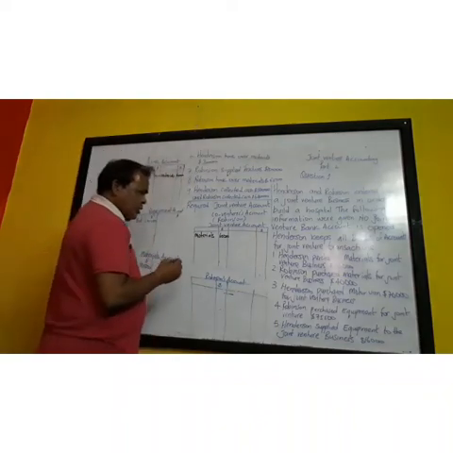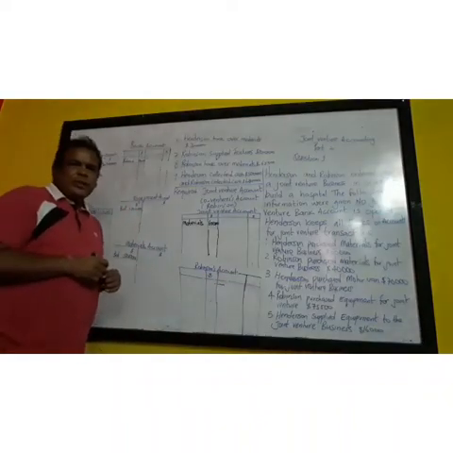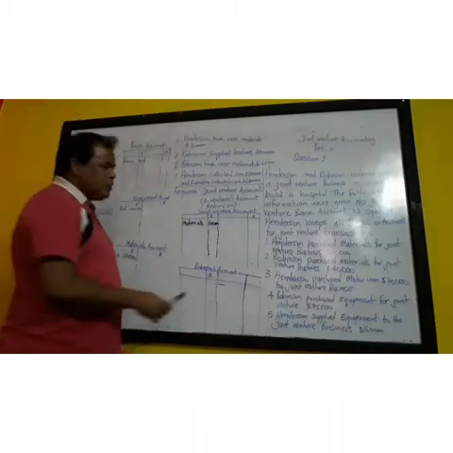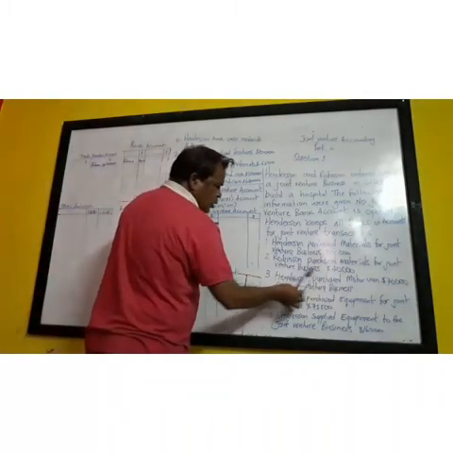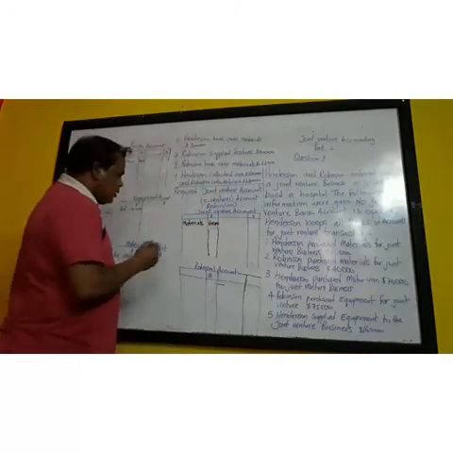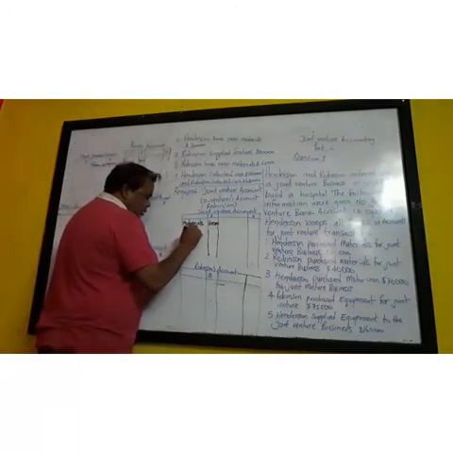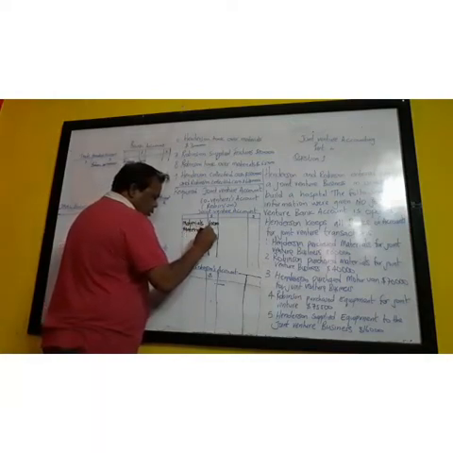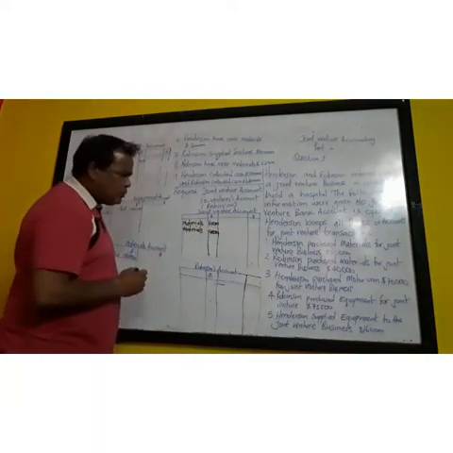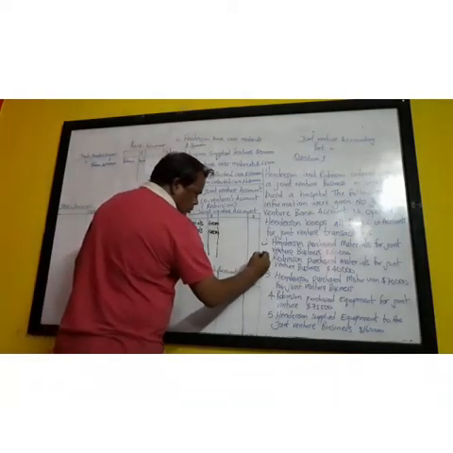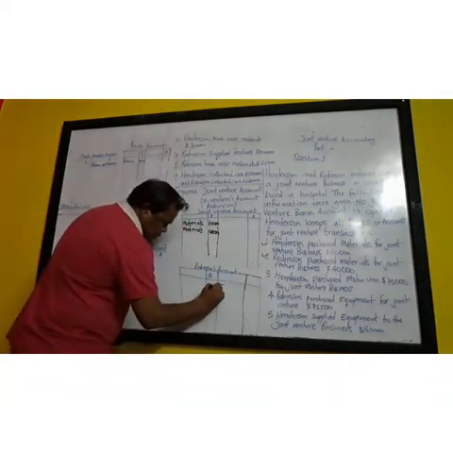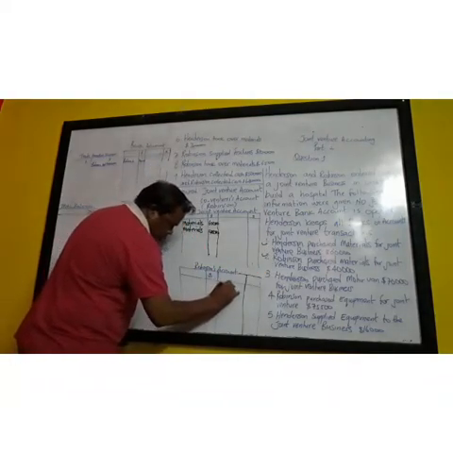So we are going to see adjustment number 2. Therefore we have to debit in joint venture account materials 40,000. Then we have to credit in Robinson account materials 40,000.